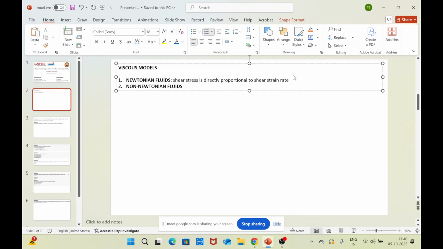Or you can say that shear stress is going to be directly proportional to strain rate as well. That is acceptable, but in order to be very clear, shear stress is directly proportional to shear strain rate.